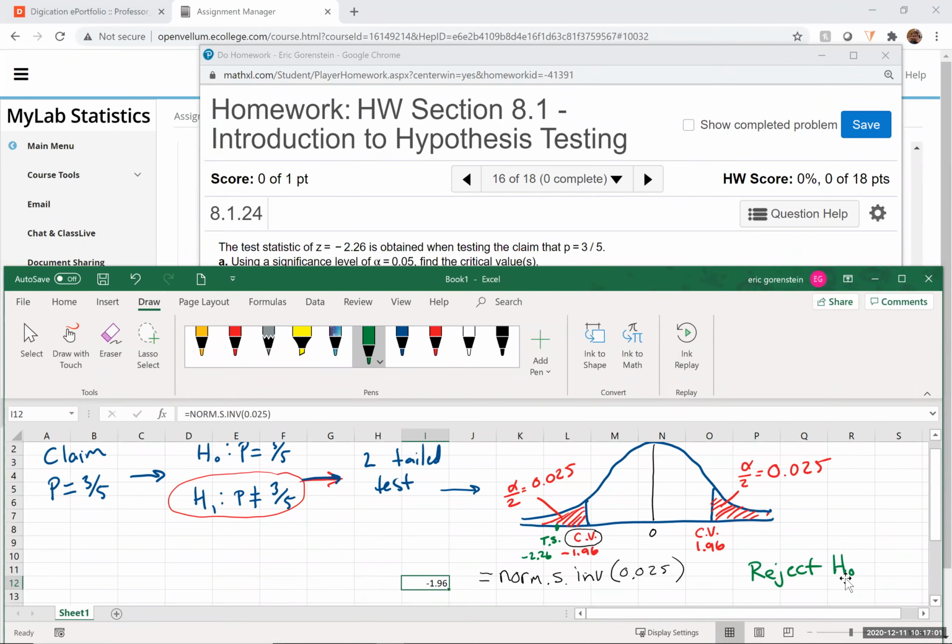So this decision to reject the null hypothesis, that's always the second to last step in the whole problem. And if this was a question next week in section 8.2, where it's do the whole hypothesis test, you're basically done here.